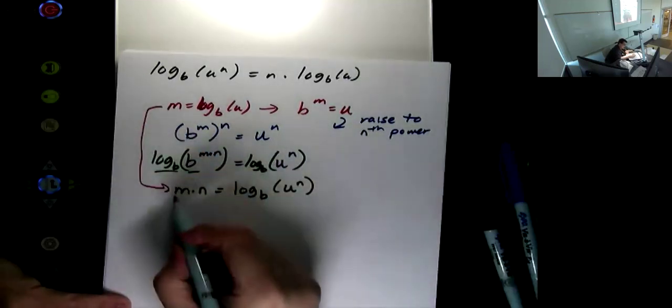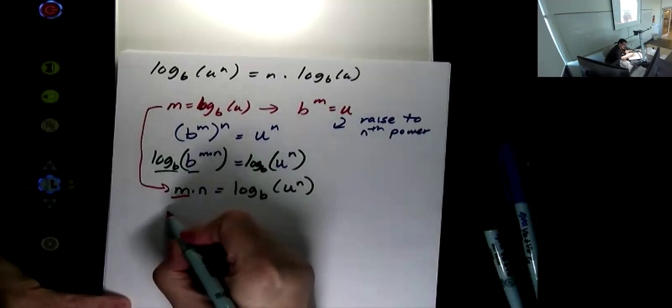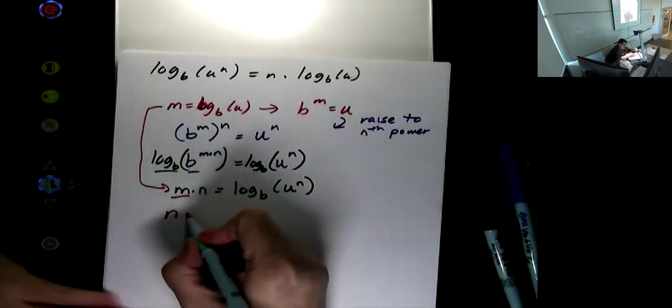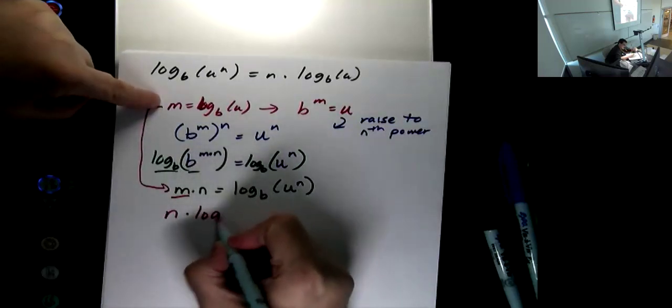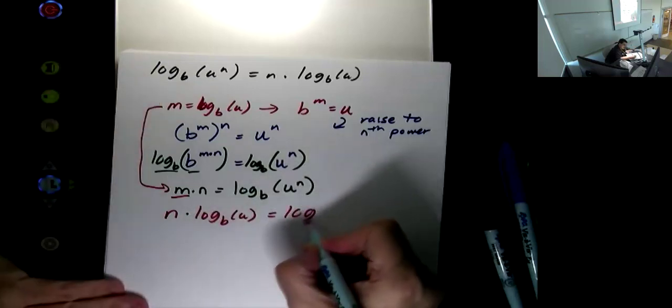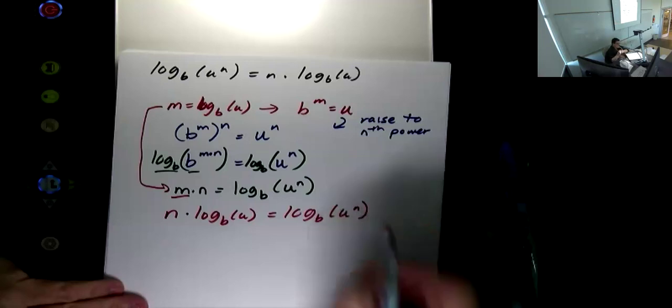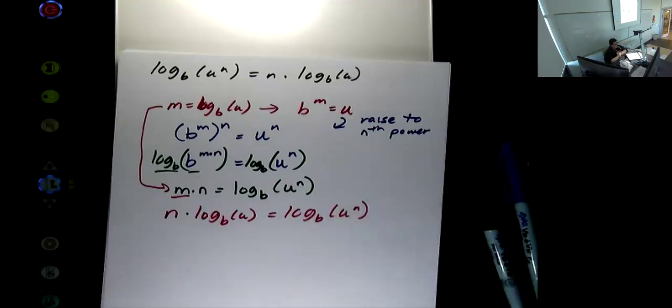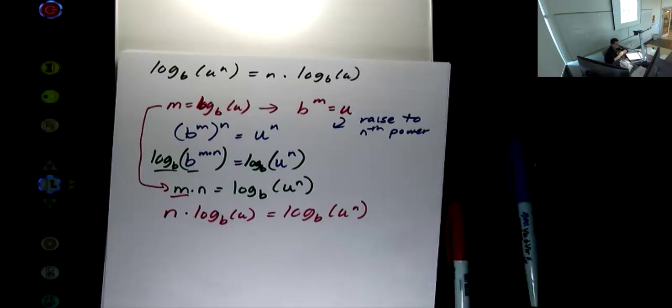So I have N times M is log base B of U equals log base B of U to the N. That was the third rule we want to show.